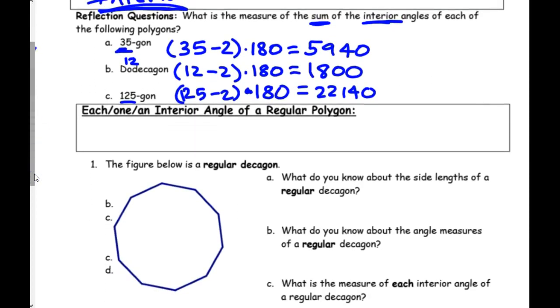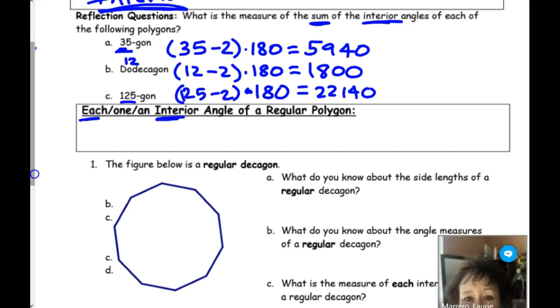Now, that's for the sum. You all know sum means total inside? Now, sometimes they're going to ask you for this. Is everyone looking right here? Second thing you got to know today. What if they ask you for each interior of a regular polygon? So what does that mean? Instead of saying what do they all add up to, they're asking you for just one.